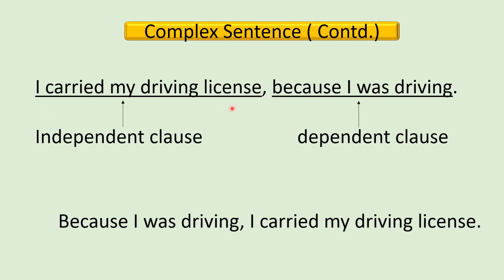In the first one I carried my driving license comes first, whereas in this one, I carried my driving license comes in the latter half. Both are correct because one is independent and one is showing the dependency on the other. I carried my driving license is an independent clause, a complete sentence. Because I was driving, we don't know, so what happened? It is depending on this part. Okay?